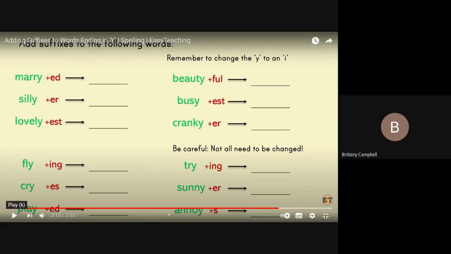All right, 30 seconds. I'm giving you 30 seconds. All right, let's go again.